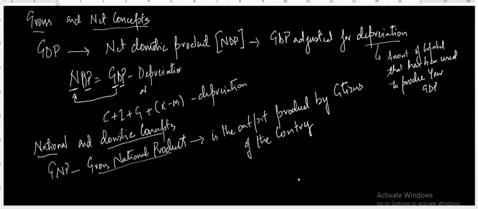In this case, we have to add the income or output that the citizens have earned or produced in the foreign territories. So the GNP is going to be equal to GDP plus net factor incomes from abroad.